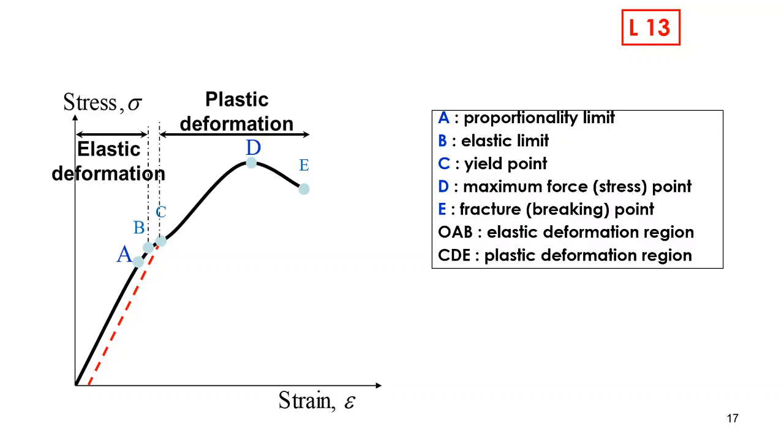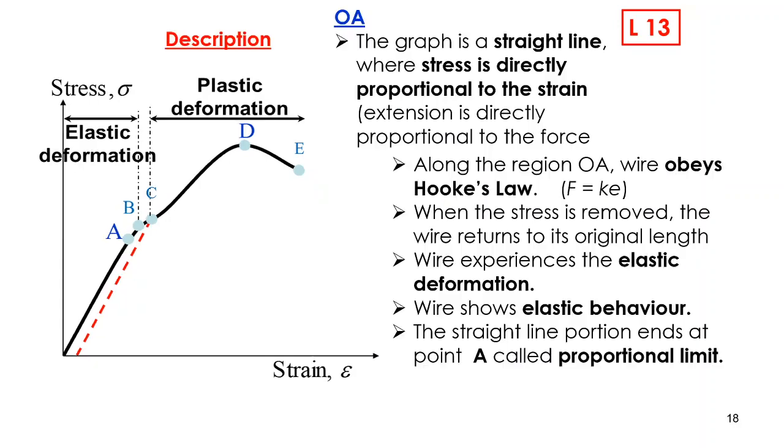So what does all this point mean? Let's look at point O to point A. Point O is the origin of the graph. It's right here. From point O to point A, the graph is a straight line where stress is directly proportional to the strain. We can also see the extension is directly proportional to the force because along the region OA, the wire obeys Hooke's law.